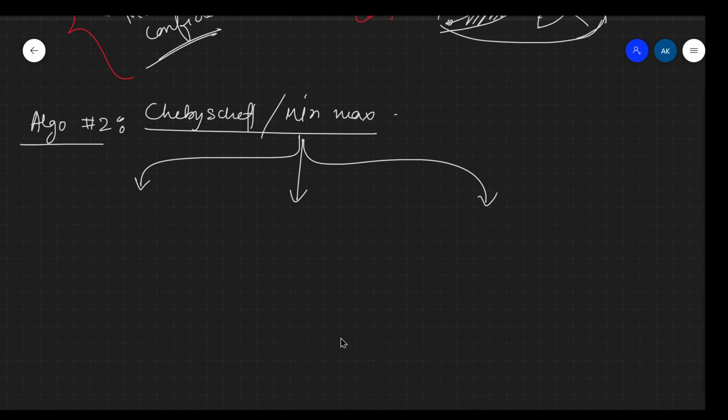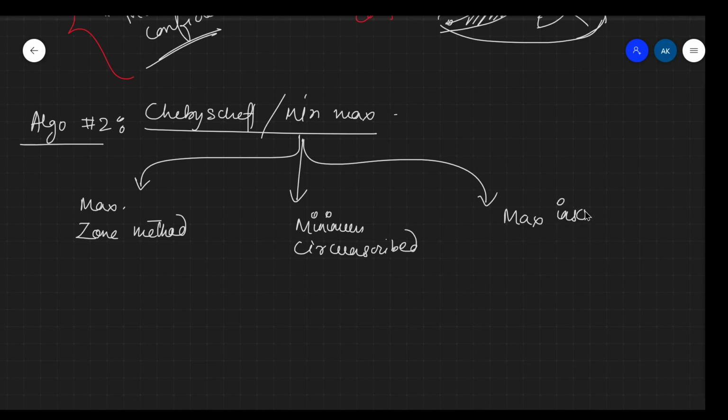One is your maximum zone method. Don't worry, we will not be discussing these in too much detail like we did earlier. It is minimum circumscribed and maximum inscribed.